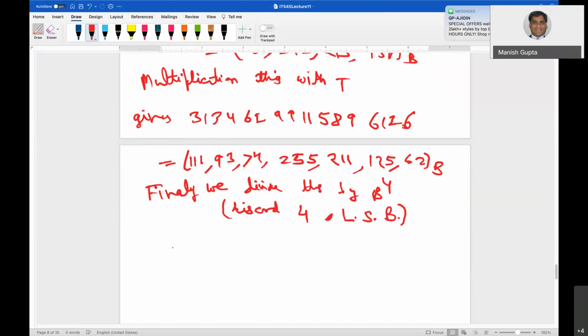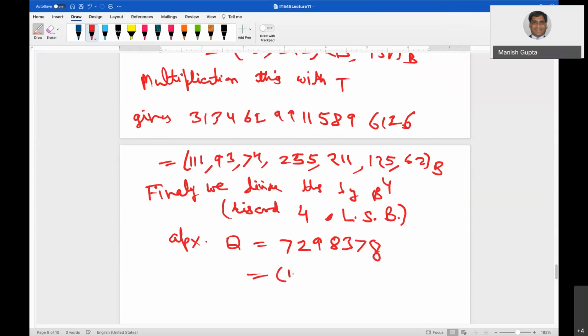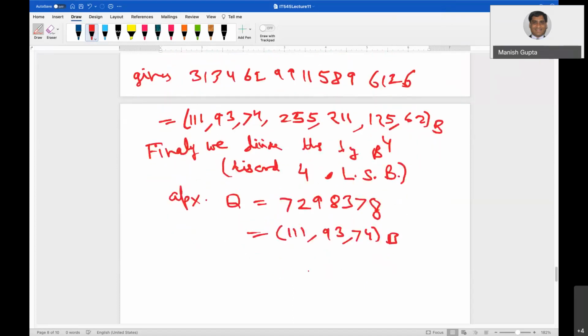So to obtain approximate Q as 7298378, which in base B is 111, 93, 74 base B. So Q is actually 1 smaller than the actual Q. Okay.